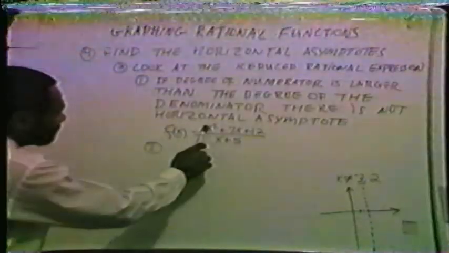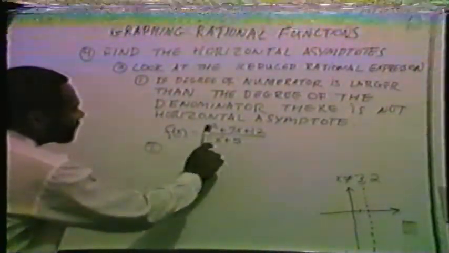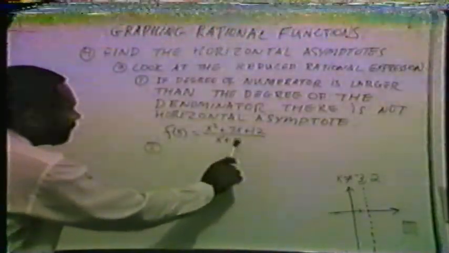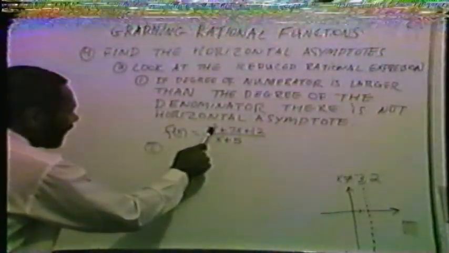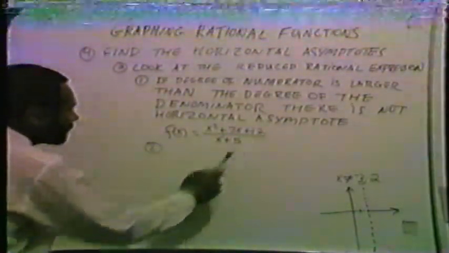So it's important that you make sure your numerator and denominator both are in standard form for a polynomial. Make sure you have the highest degree term first, the next highest degree term on down to the constant.